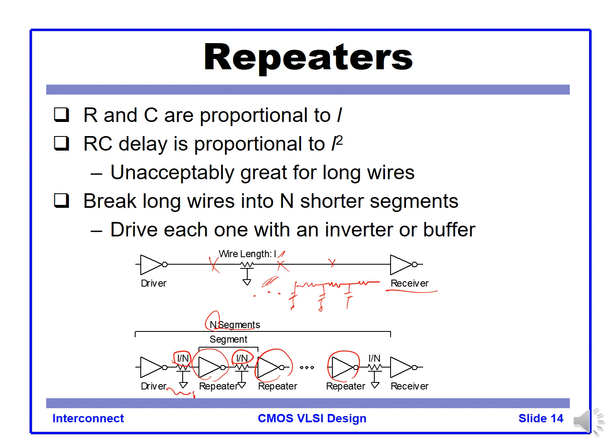Physically it's the same wire, but we just break it into several pieces. Then what's going to be the delay difference between those two? Typically, with the proper number of repeaters added, the delay can be smaller. So we will see later how we get that result.